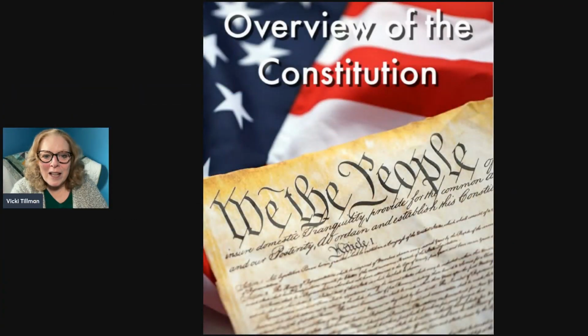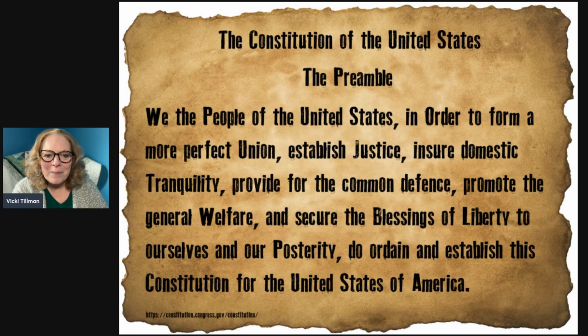So we start with the preamble to the Constitution. All right, you remember this from school? We, the people of the United States, in order to form a more perfect union, establish justice, ensure domestic tranquility, provide for the common defense, promote the general welfare, and secure the blessings of liberty to ourselves and our posterity, do ordain and establish this Constitution for the United States of America.